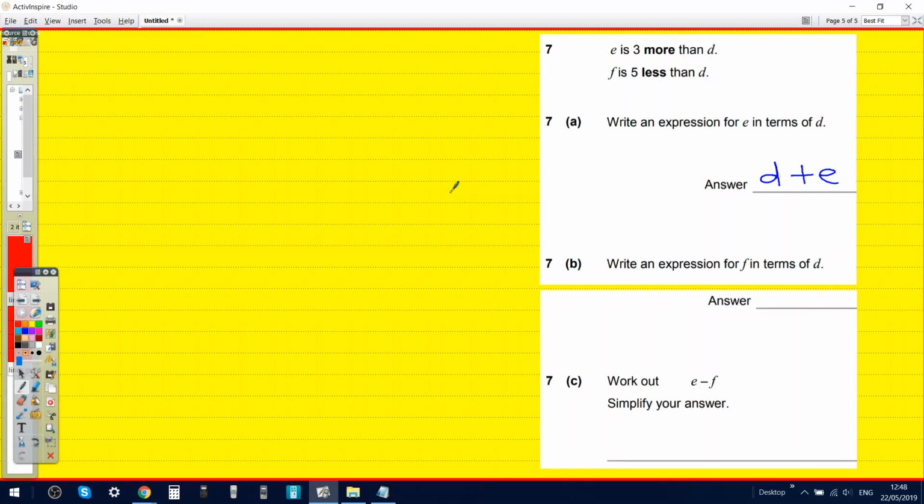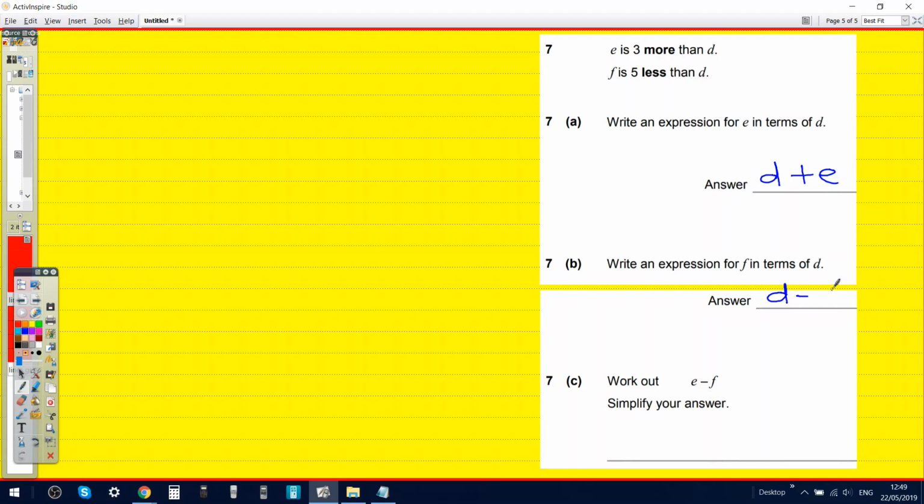Right, an expression in terms of F. Expression for F in terms of D. Okay, so F in terms of D. So this is going to be F. D minus F. No, sorry.